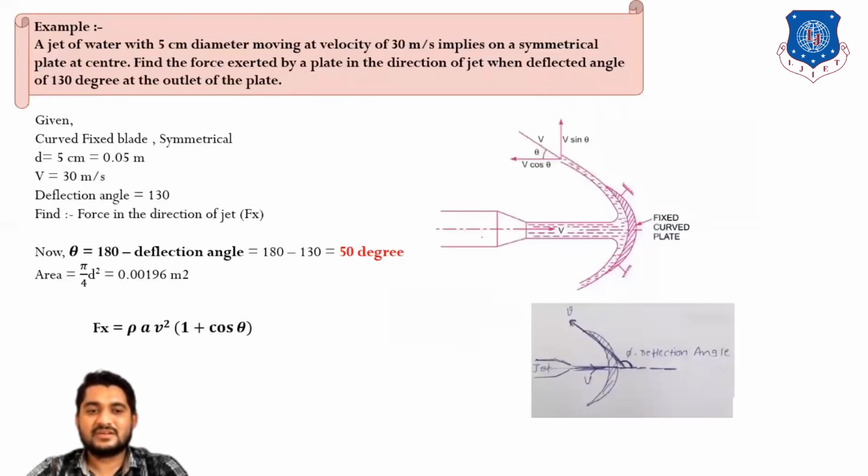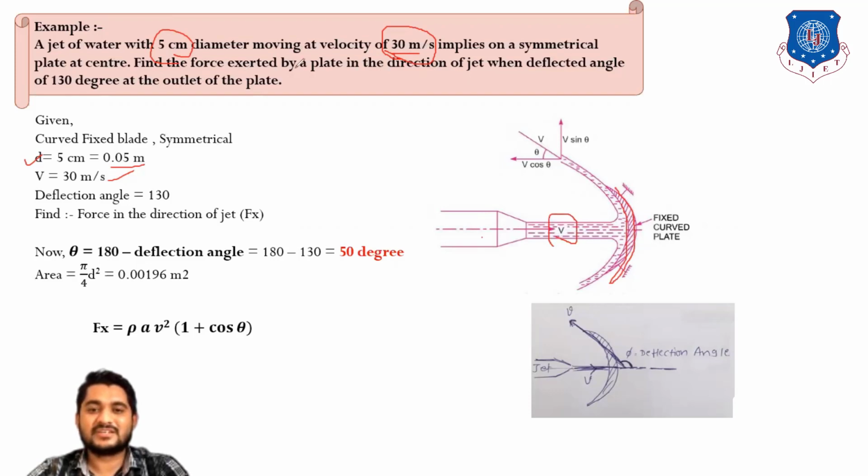First one is a jet of water with 5 centimeter diameter moving at a velocity of 30 meter per second. So diameter of jet d is equal to 5 centimeter, that means 0.05 meter. Velocity v is equal to 30 meter per second, striking a symmetrical plate at center. Remember this case: symmetrical blade and at a center.